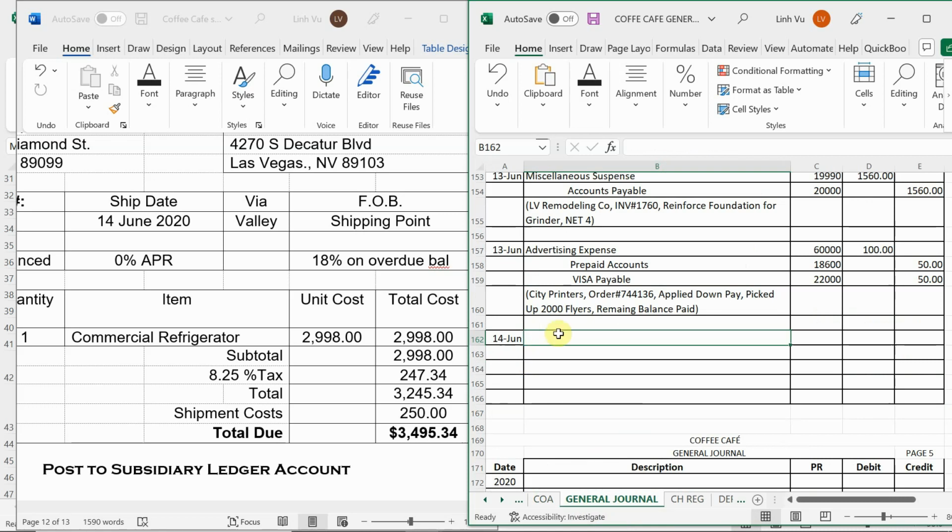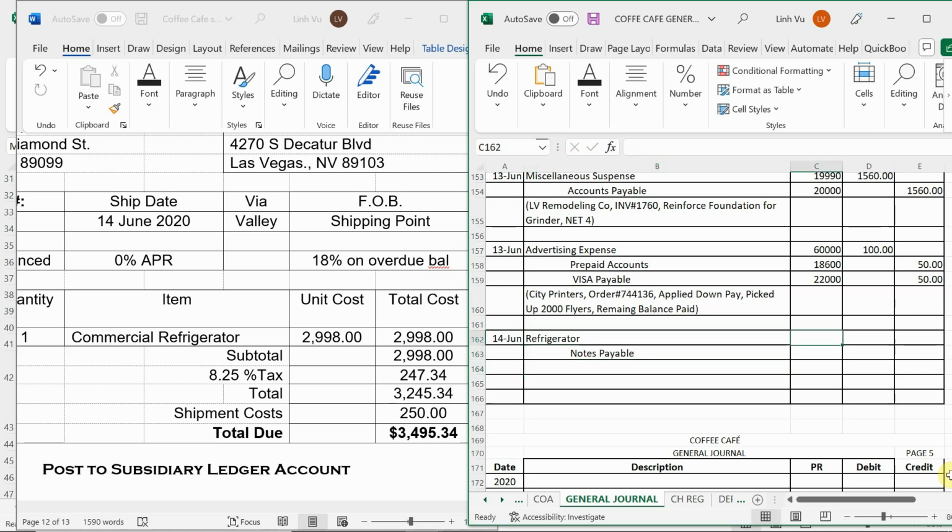So general journal right here, we're going to put in that we have a refrigerator. And we put it on a notes payable.